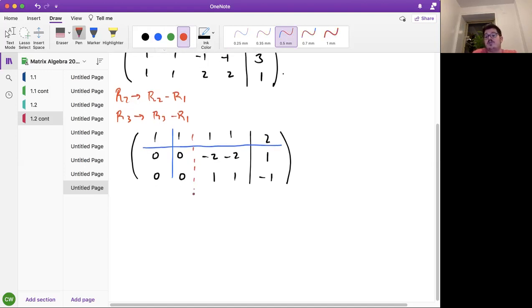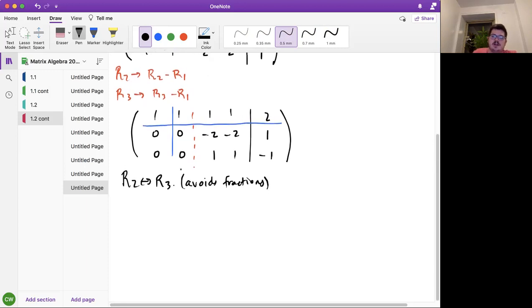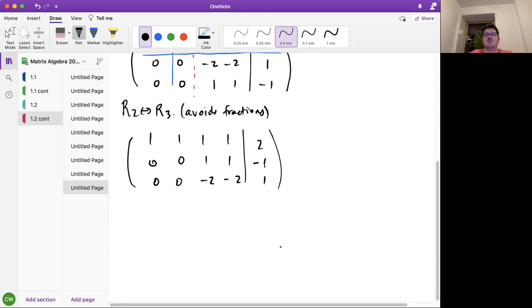Yeah, I do like row swapping because you don't have to deal with fractions, to avoid fractions. So let's do that. Negative. Good. So now what is an operation to eliminate?